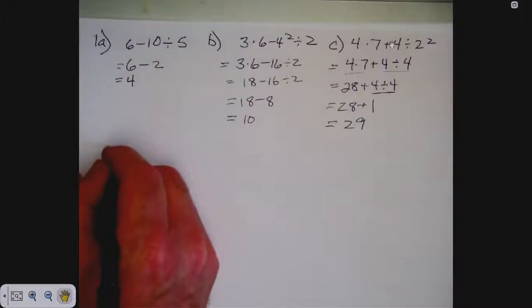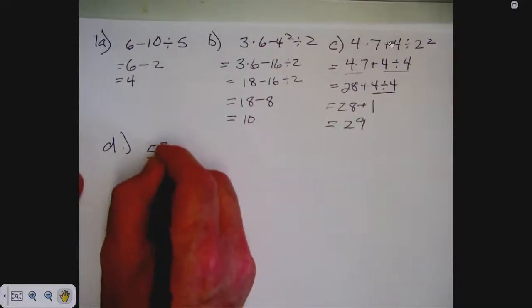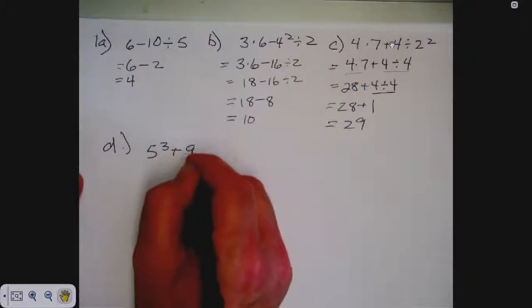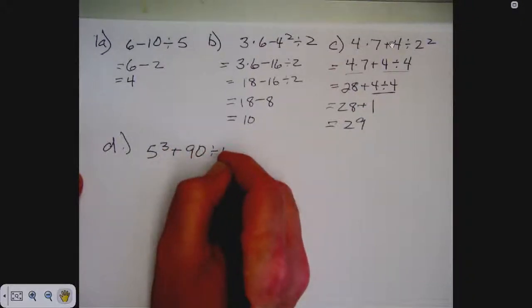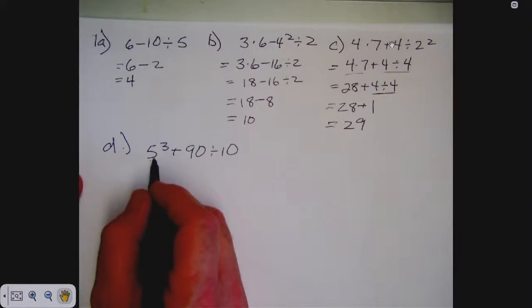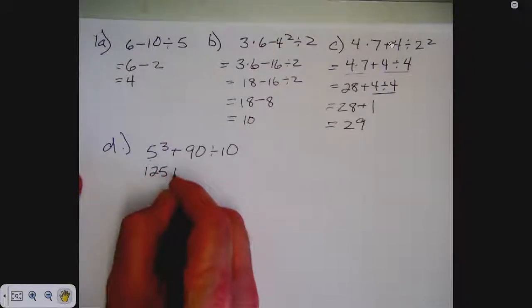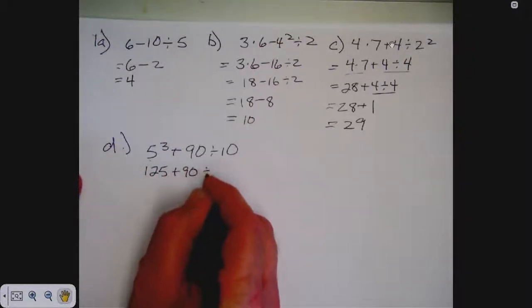And then I'll do D down here, and I get 5 cubed plus 90 divided by 10. I'm going to do exponents first, no parentheses, then exponents. So 5 cubed is 5 times 5 is 25, times 5 is 125, plus 90 divided by 10.